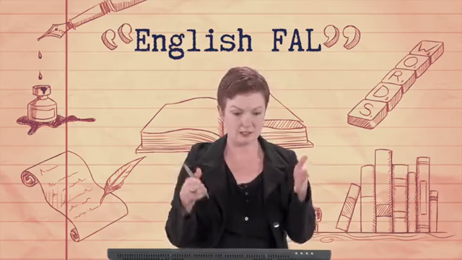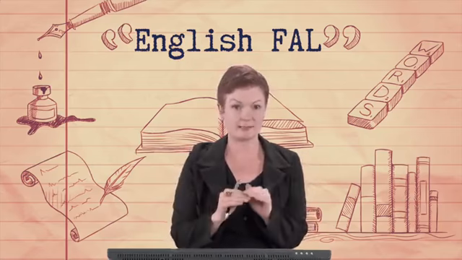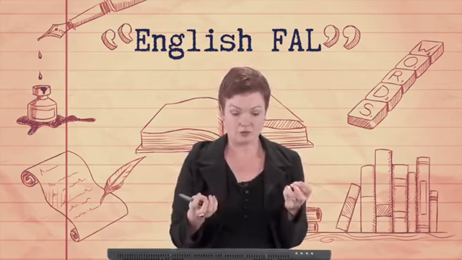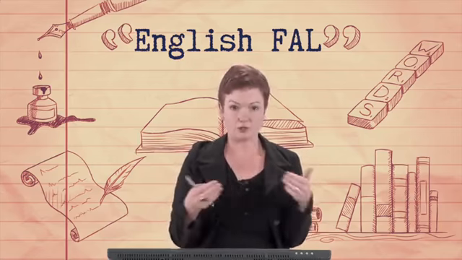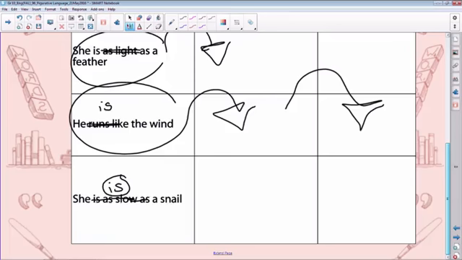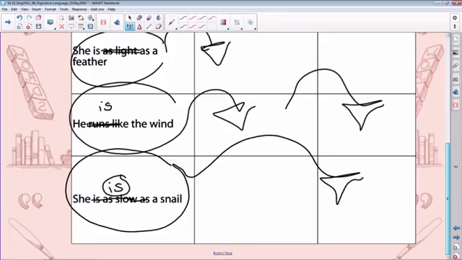If I read, she is a snail, then I know that's not literal. I don't want to use those words literally. I need to understand them figuratively. So I've identified my metaphor. And what is the metaphor saying to me? Well, it's saying she moves very slowly. That's a little tip if you're ever asked to look for metaphors, which you will be.